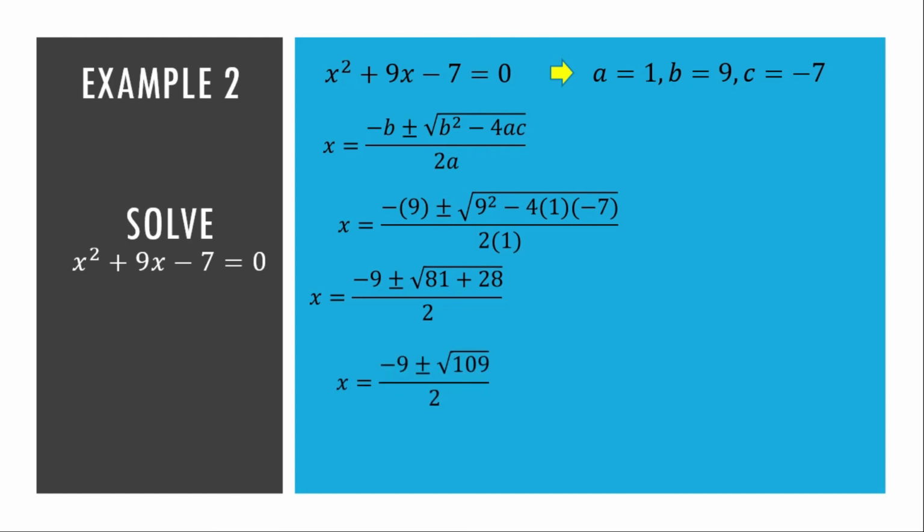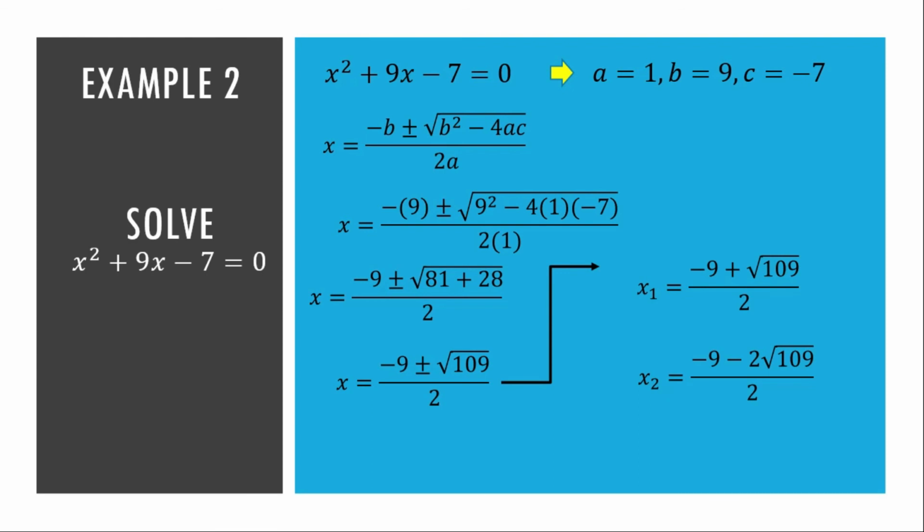You will have x equal to negative 9, positive negative square root of 109 over 2. So, dito, hindi naman na natin masisimplify si square root of 109. So, ito na yung gagamitin natin. So, meron tayong dalawang roots, which are negative 9 plus square root of 109 over 2, tsaka negative 9 minus square root of 109 over 2.